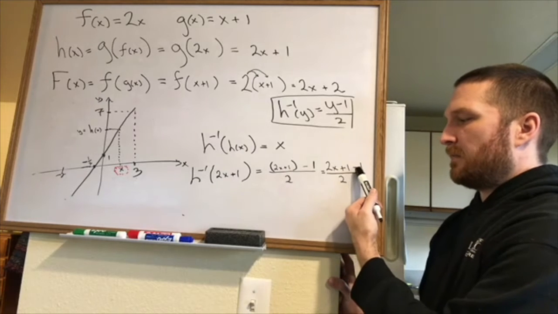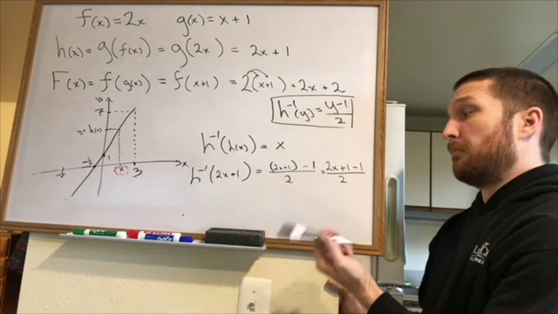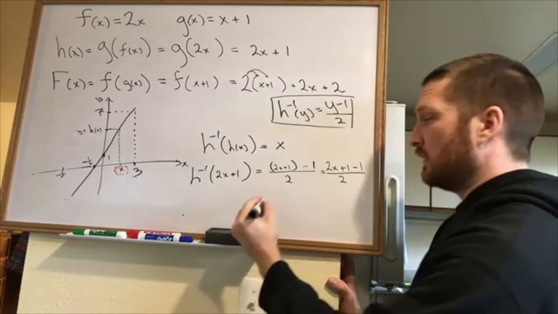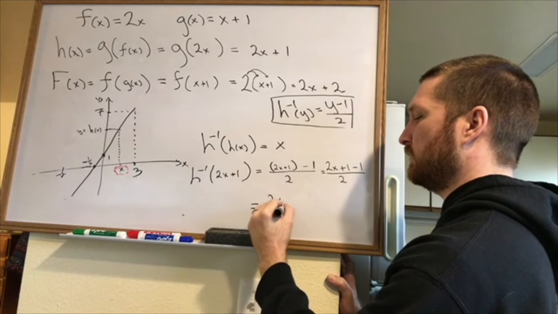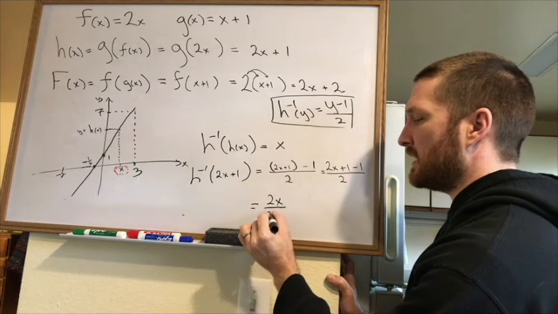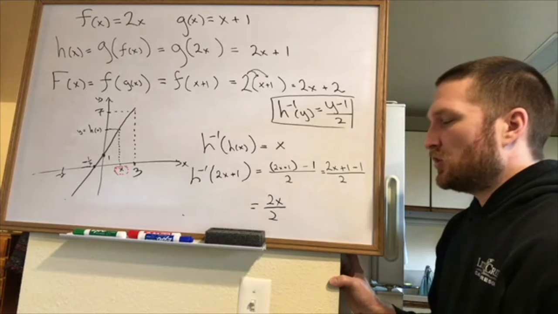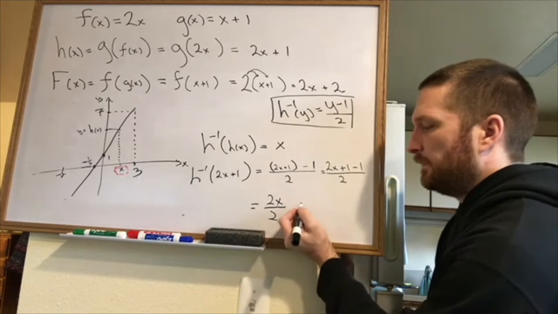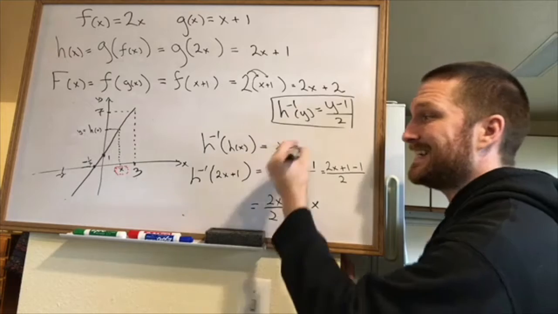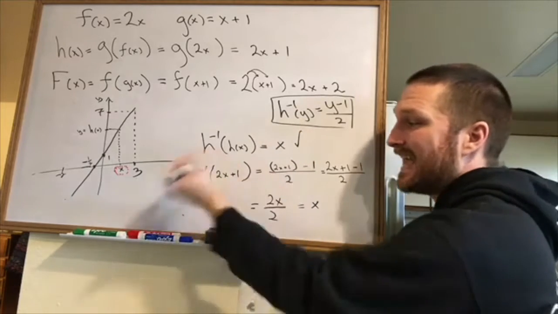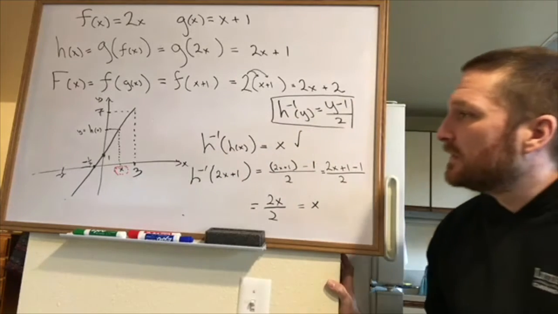The plus 1 and the minus 1: plus 1 minus 1 is 0, so that's just a big fat 0 up there. 2x plus 0, which I'm not even going to write. 2x divided by 2 is x. And yes, indeed, this checks. This is a valid inverse.